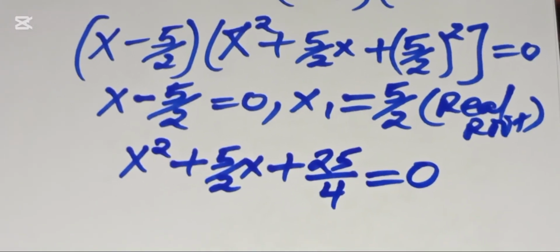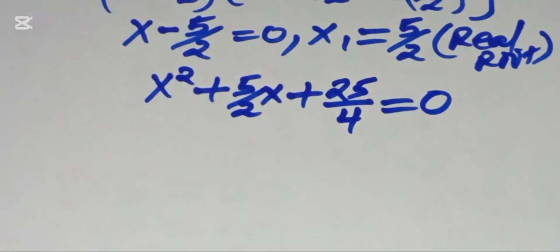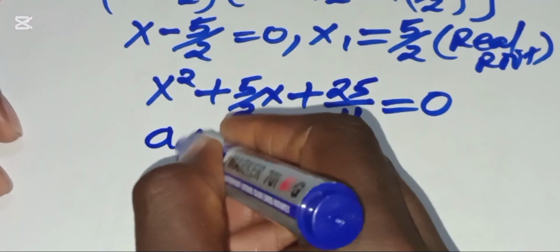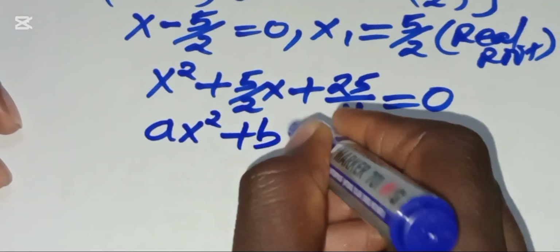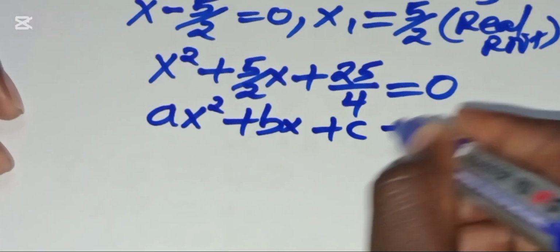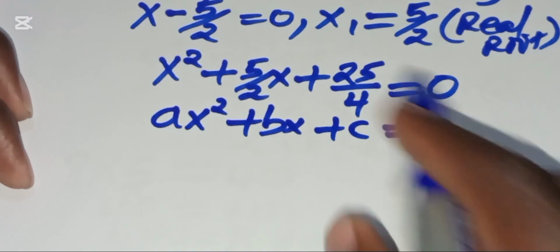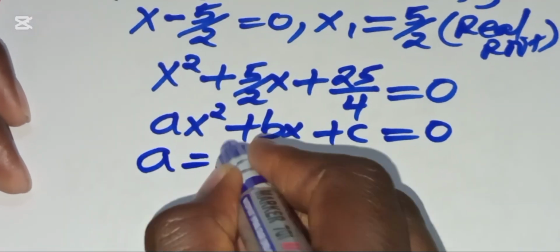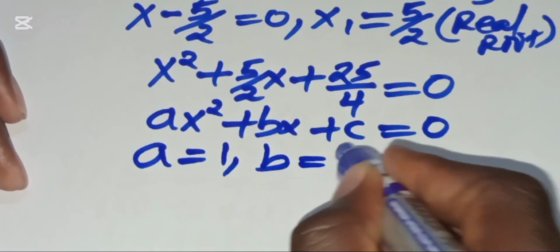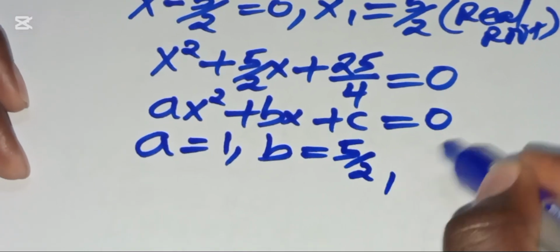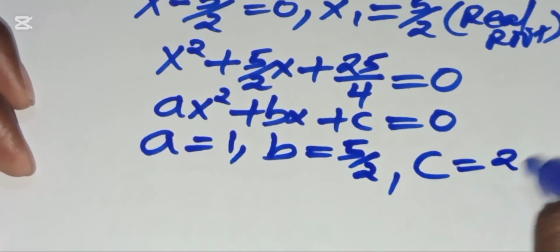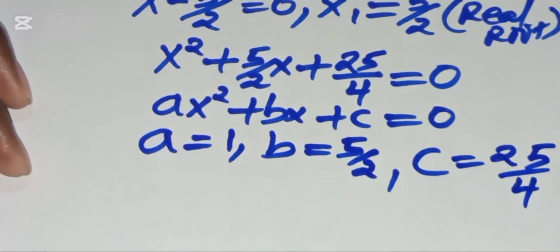So this is a quadratic equation expressed in the form ax squared plus bx plus c equal to 0. From our quadratic equation, a is equal to 1, b is equal to 5 over 2, and c is equal to 25 divided by 4.